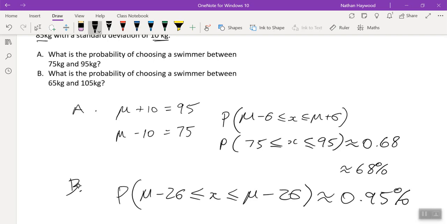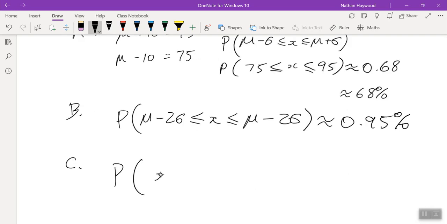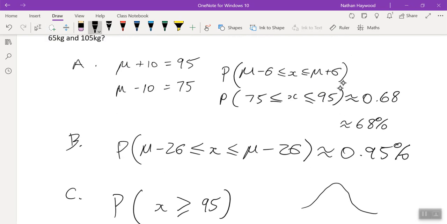So C, which isn't there, is meant to say, what is the probability of me picking someone greater than 95 kilograms? Yep, so we know the bell curve is symmetrical. We know from A that between 75 and 95 is 68%.